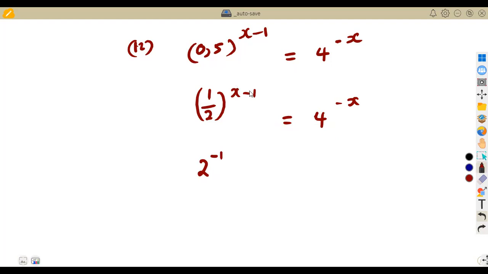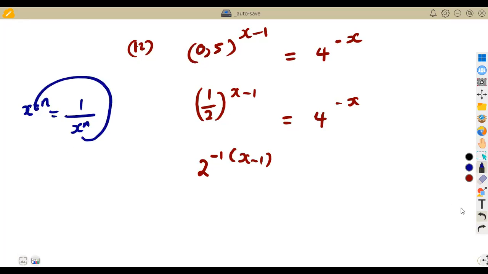But what about x minus 1? We are just going to multiply it to the exponent that we already have. So take note, by our laws of exponents, x to the exponent of negative n is 1 over x to the n, so we are now having a reverse to get it as a negative. That is the idea there.